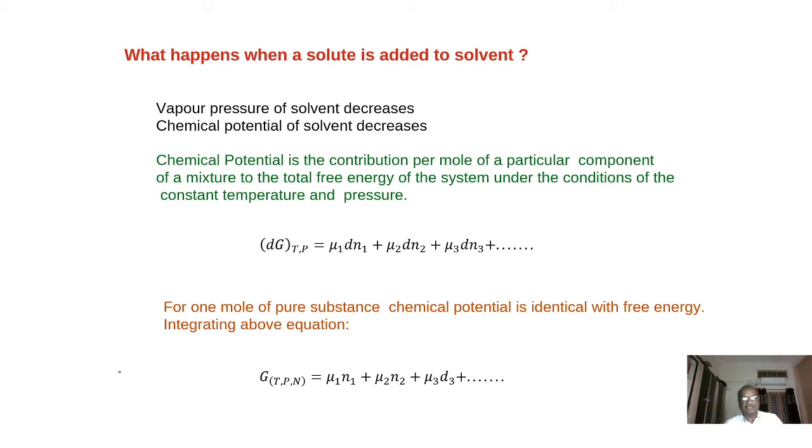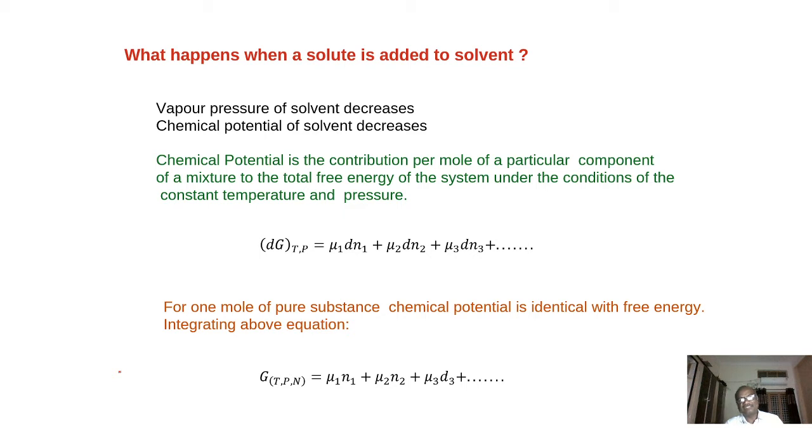What is the meaning of chemical potential? It is a new term to you. It is the contribution per mole of a particular component of a mixture to the total free energy of the system under given conditions of constant temperature and pressure.